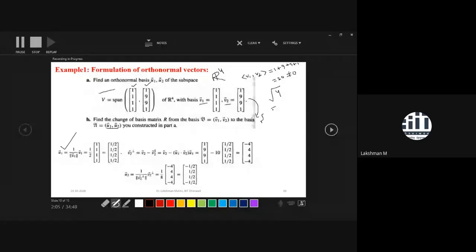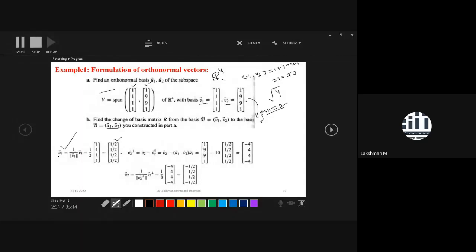The square root of 4 is 2, so the norm of V1 is 2, the Euclidean length. When we divide this vector by the norm of V1, we get this vector. If you find the norm of this vector, it would be 1. So we get the first unit vector.